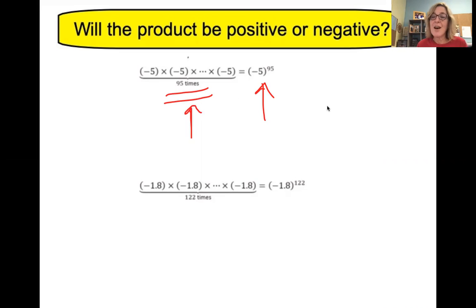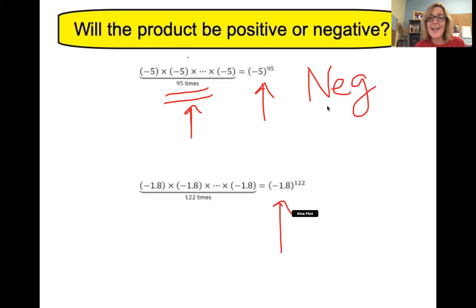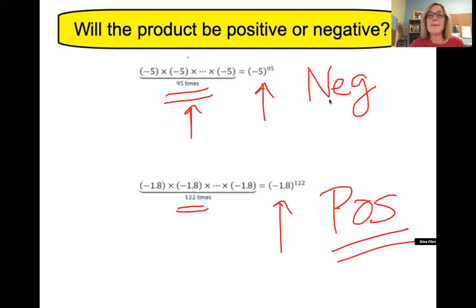So if you have an odd number of negative factors, the result is going to be negative. In this case, where -1 8/10 is being repeated as a factor 122 times, 122 is an even number. This means this would be a positive product.